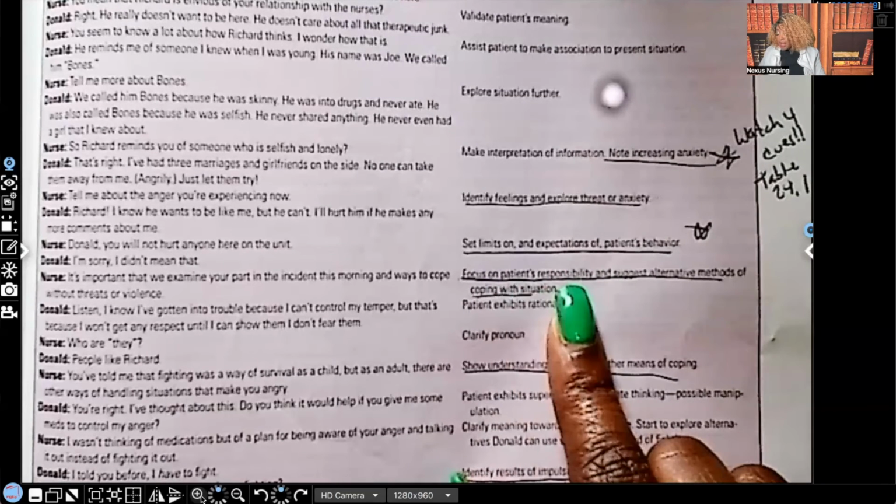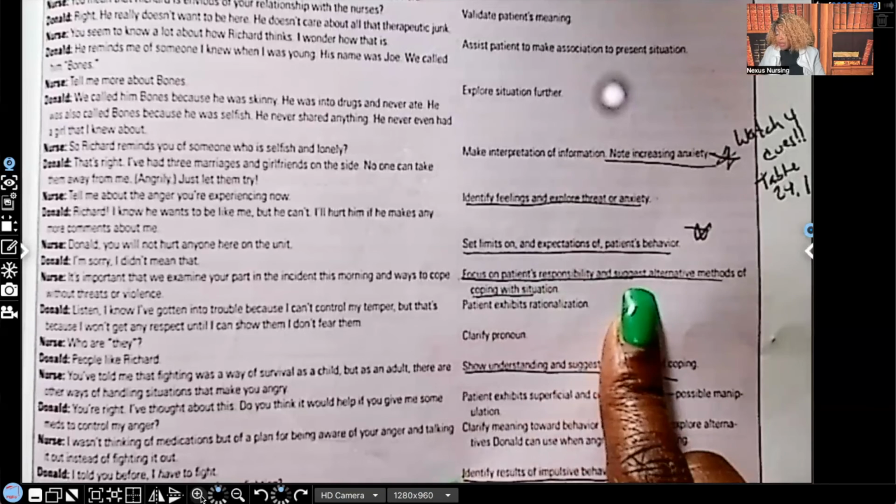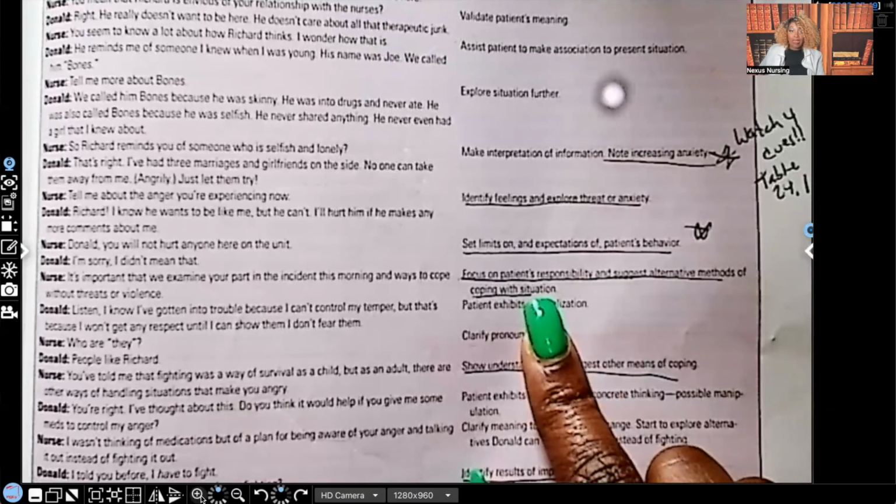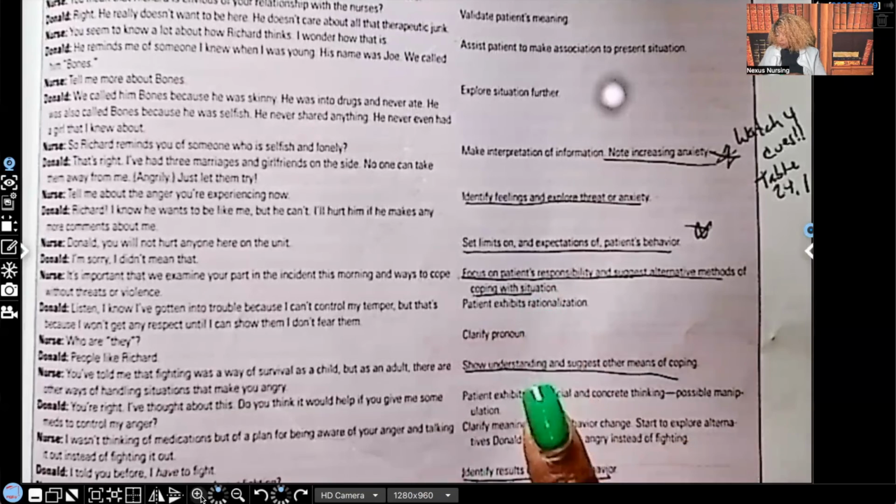Focus on patient's responsibility and suggest alternative methods of coping with the situation. Again, they don't have any coping mechanisms. That's why they're cutting themselves. That's why they're pretending like they're suicidal. And not to take suicide lightly because sometimes they are suicidal and they do follow through. But for the most part, people with borderline personality disorder, they're gestures, but you have to teach them how to cope with their stress or anxiety.